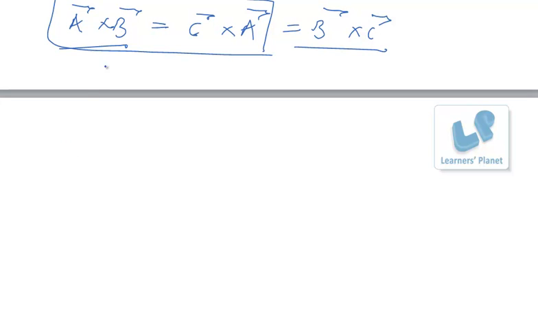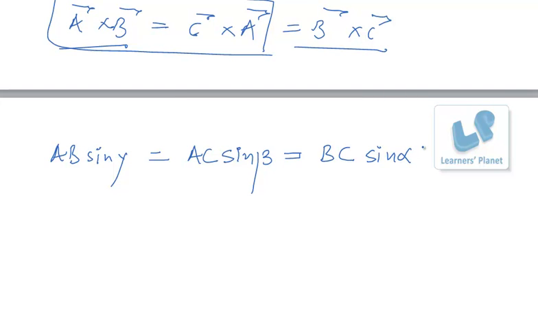Now if this is the case, A cross B can be written as AB sine gamma, C cross A can be written as AC sine beta, and B cross C can be written as BC sine alpha. Now we divide the entire expression by ABC.